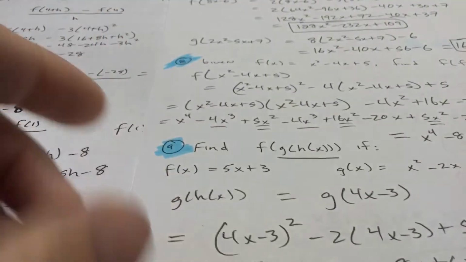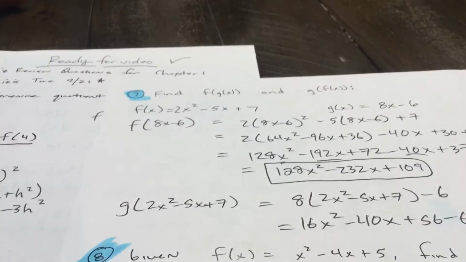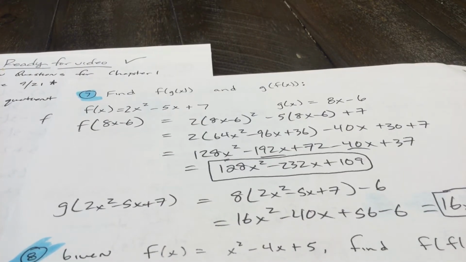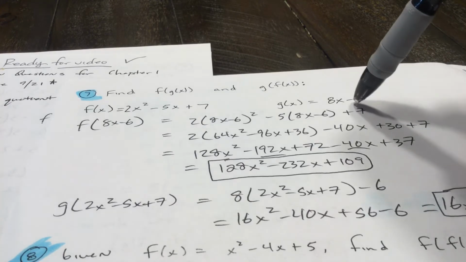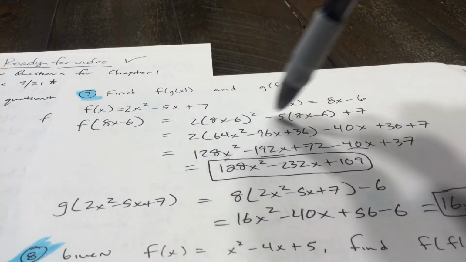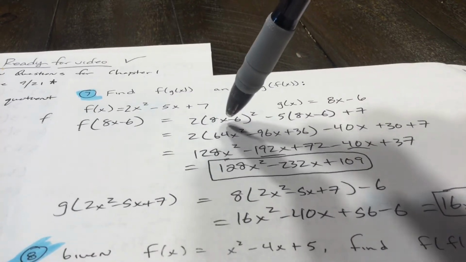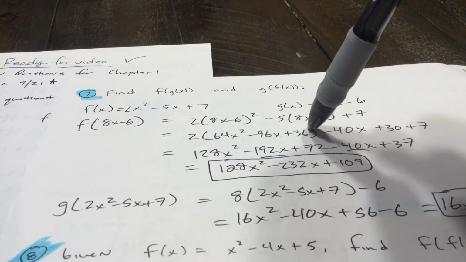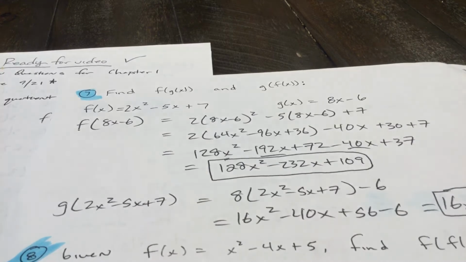Okay, then we have most of the final page. I don't think we really talked about it, or I got you started at least. So f of g of x means take g of x, which is 8x minus 6, and plug it in for x there and there. So I'm going to take what I'm plugging in for x, I'm going to square it, multiply it by 2. I'm going to do minus 5 times what I'm plugging in for x, plus 7.